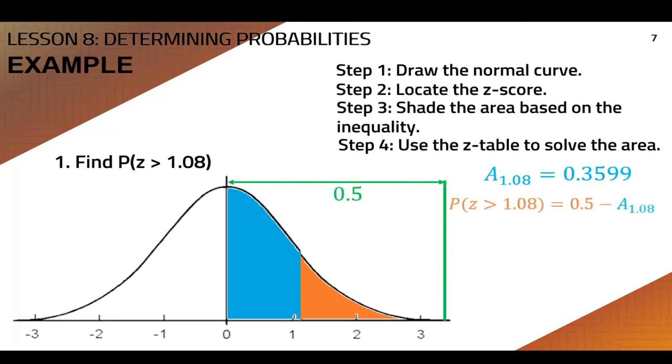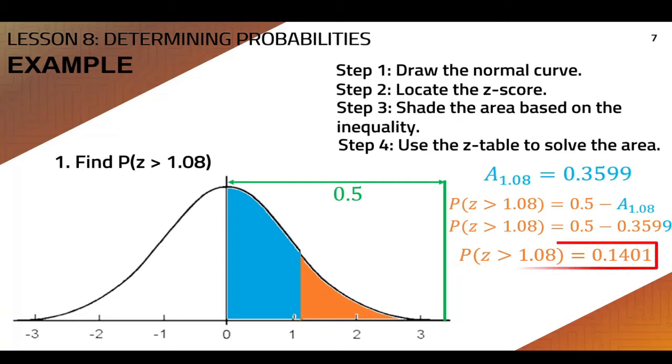Therefore, the area we get is 0.1401. Meaning, the probability that our z-score is greater than 1.08 is 0.1401.